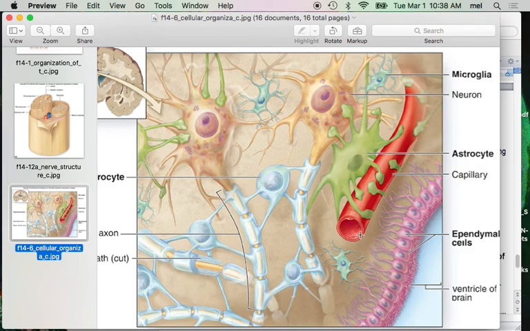And then they actually make them into cerebrospinal fluid and then dump it into the spaces of the brain. So the spaces of the brain are actually fluid-filled spaces, filled with the fluid called cerebrospinal fluid that was made by these. And it was made from blood plasma. That's what it was made from. Is that okay? So these are ependymal cells, and those line the cavities of the brain called the ventricles.